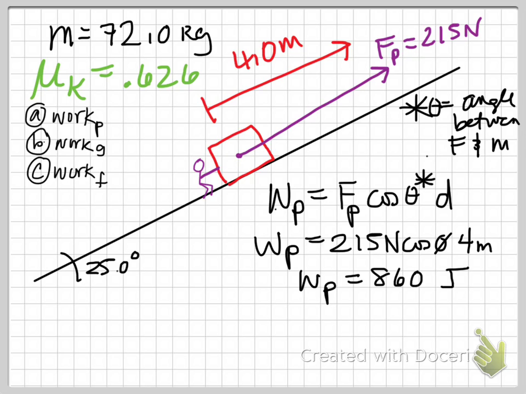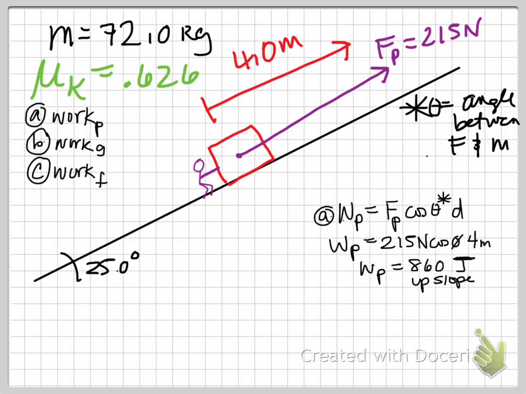Okay, so work done by the pusher is 860 joules, and work is a vector quantity, so we're going to say upslope. You don't have to put an angle in here, but you should probably say upslope, or you can let your negative and positive sign serve as proxies, but it's good to recognize that so that you don't mess that up. So work being done by the pusher is 860 up the slope.